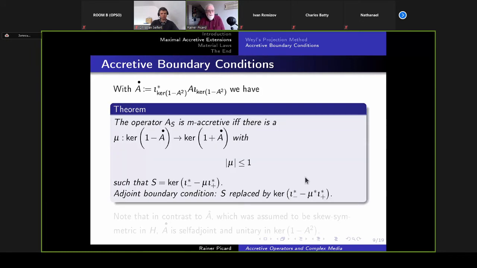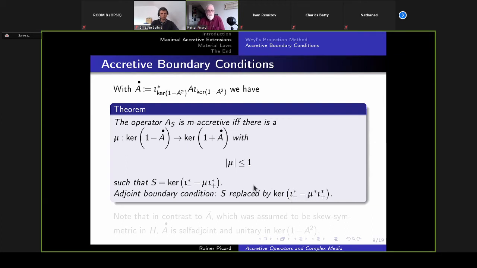And as a byproduct, the adjoint boundary condition is very naturally just the kernel of iota minus star minus mu star times iota plus star. So it's just the order of the projections interchanged, and instead of mu, we have mu star.